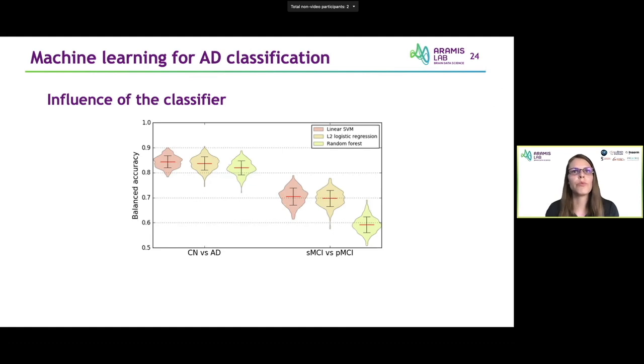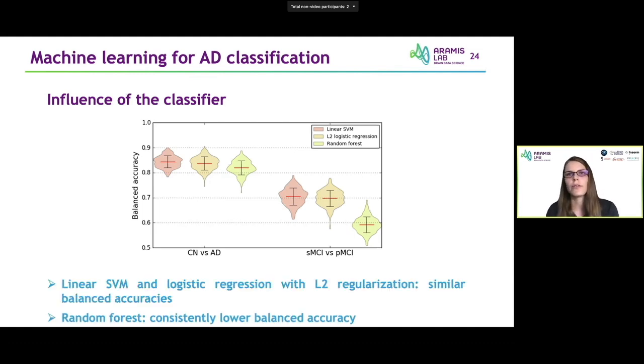Here in this work, we used, for example, regional features extracted from T1 anatomical MR images of ADNI participants to compare the performance of 3 different classifiers. And you can see that both the linear SVM and logistic regression with L2 regularization models lead to similar balanced accuracies, which are higher than the ones obtained with random forest.